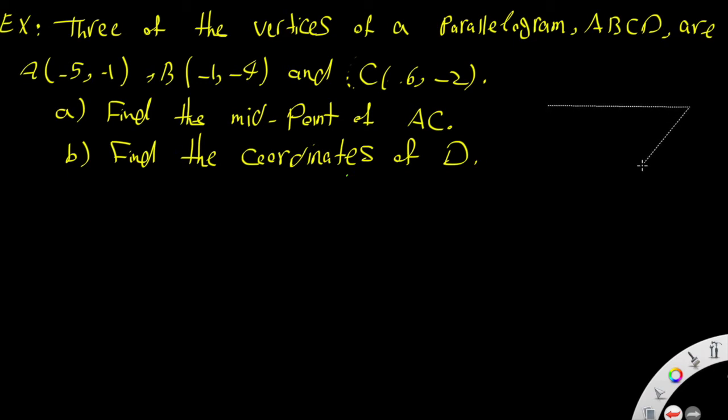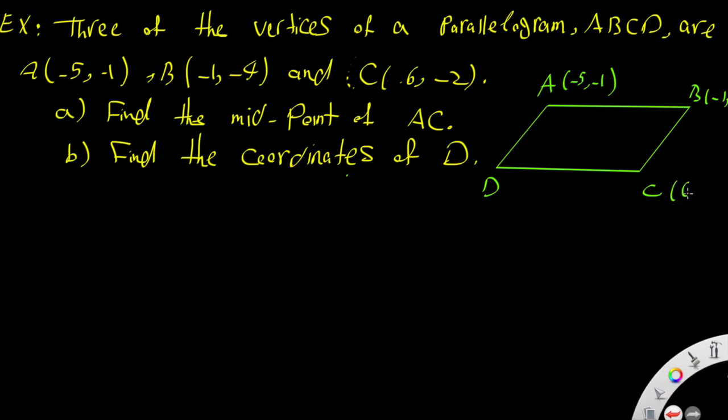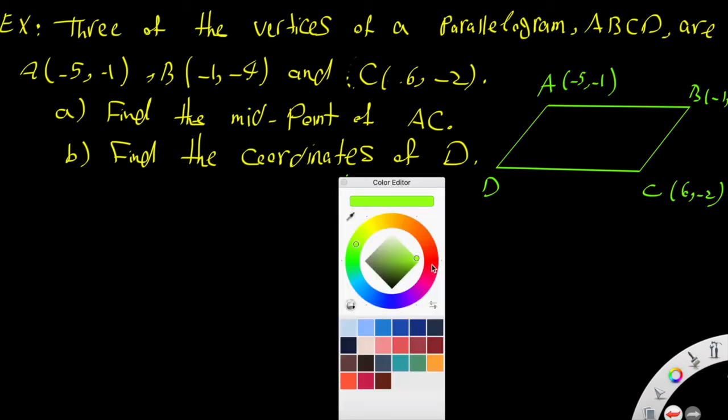So it's a parallelogram A, B, C, D. A is given negative 5, negative 1. B is given negative 1, negative 4. C is given 6 and negative 2. And D coordinates are unknown.